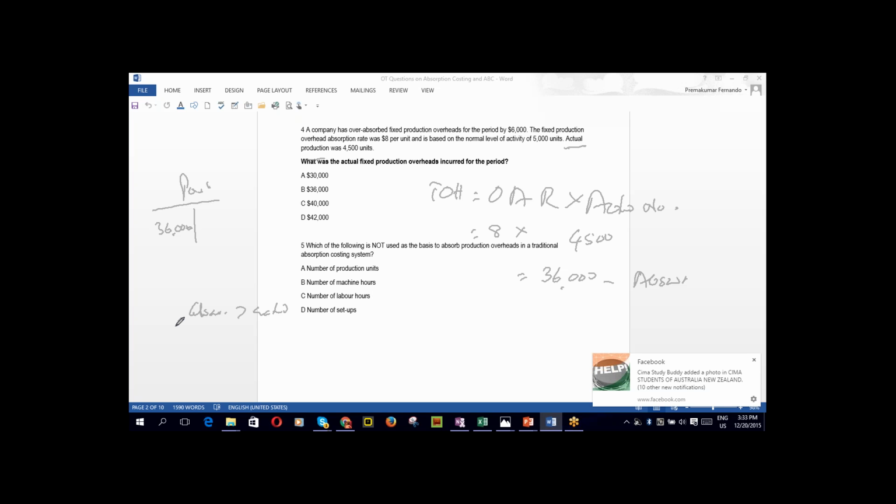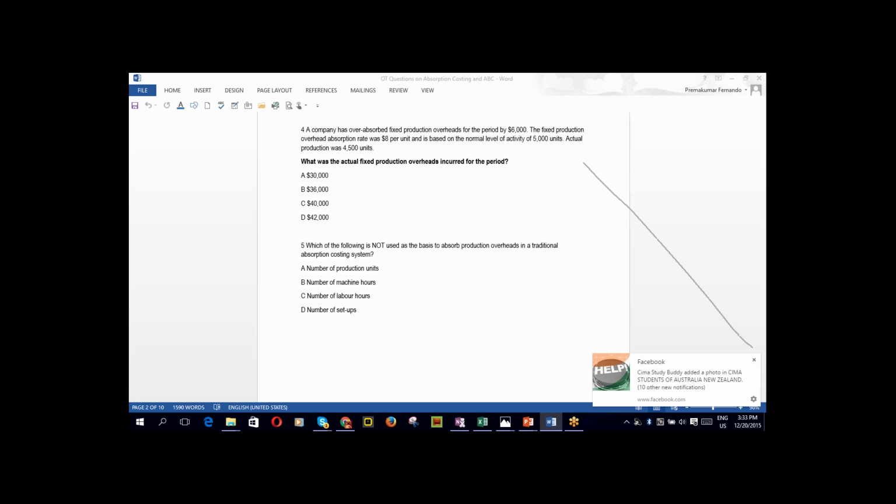So that means my overhead would have been 30. Try to logically argue with yourself rather than trying 36 minus 6, 36 plus 6. That's the way you should be looking at this kind of answer.